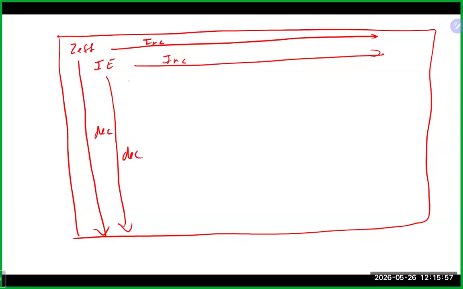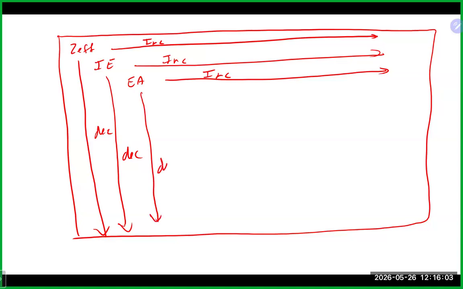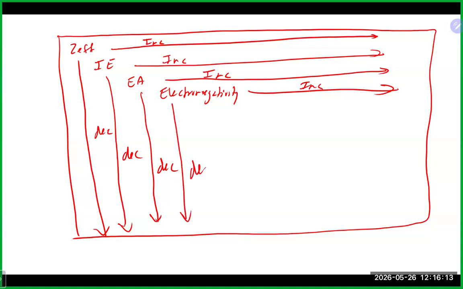Our electron affinity increases as you go up to the right, decreases as you go down. Our electronegativity increases as you go up, decreases as you go down. And our size decreases as you go up and to the right and increases as you go down to the left.